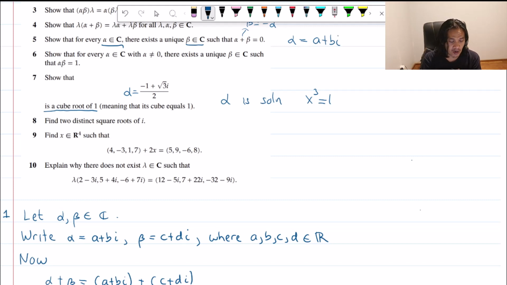So how we answer this problem is simply by verifying that when we substitute alpha for x, we get exactly 1. In other words, we just need to multiply alpha by itself 3 times and verify that it is indeed equal to 1. Okay, so let's do it.